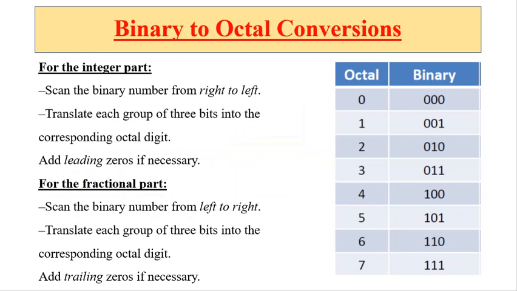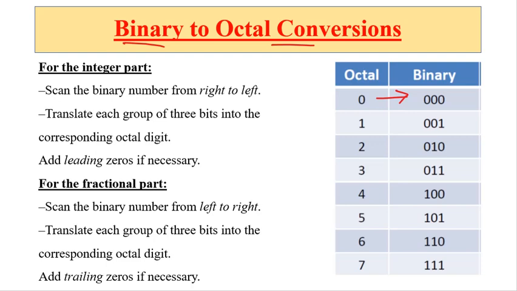Let us first discuss the conversion of a binary number into the octal number system. Each octal digit, that is 0 to 7, is represented by a 3-bit binary equivalent as shown in the table.